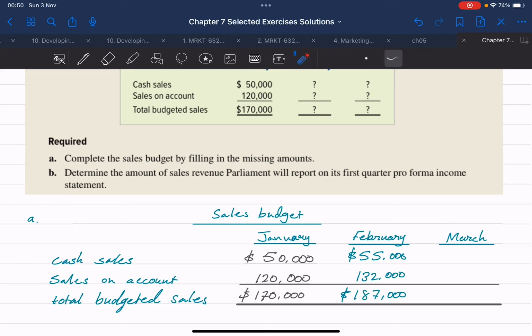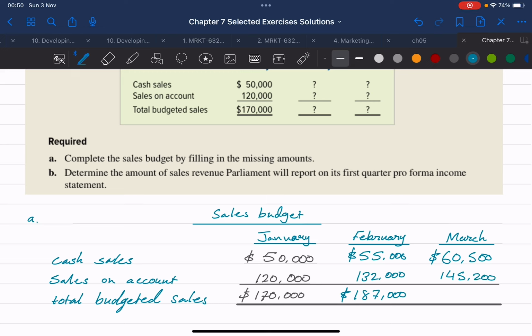Again, we'll do the same, but this time we're going to use the 55,000 as an input. So 55,000 on my calculator multiplied by 1.1 gives me 60,500. We'll do the same for the sales on account figure: 132,000 multiplied by 1.1 is 145,200.